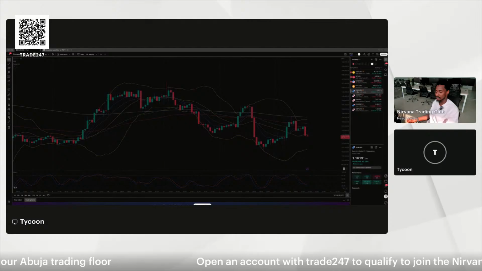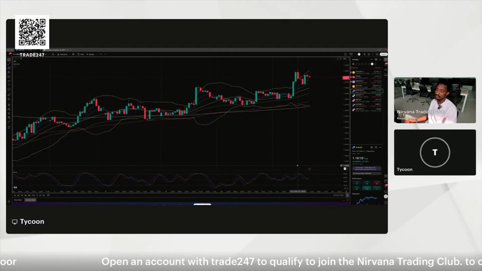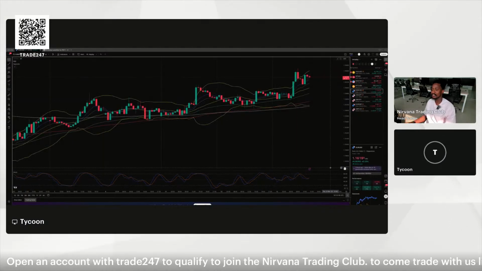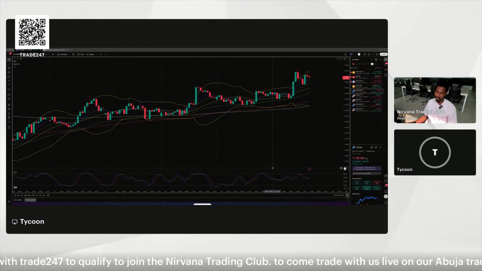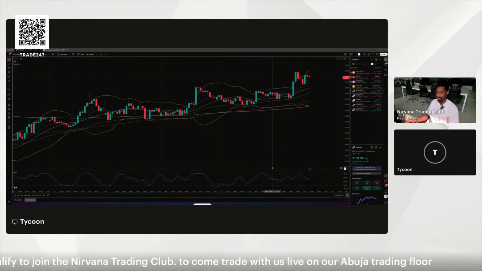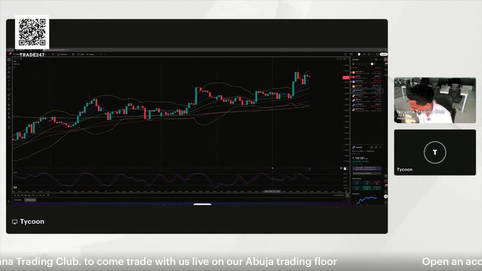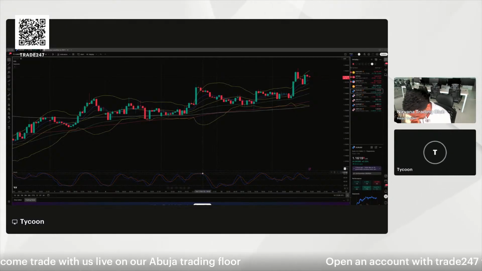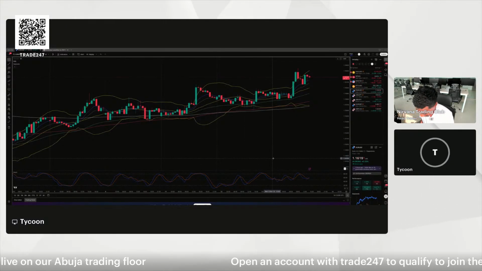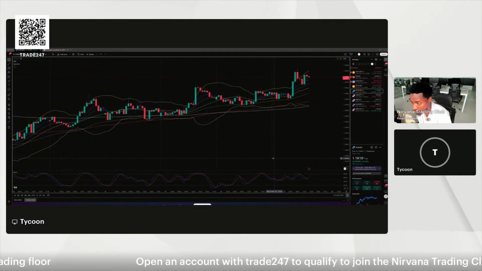If you don't get exactly the setup now, the market is always here. You might get it some other time. The market will always be here.